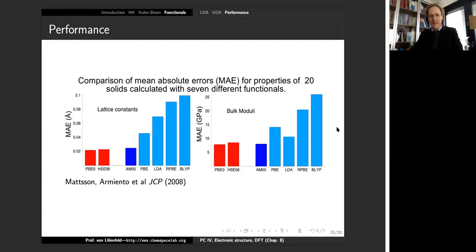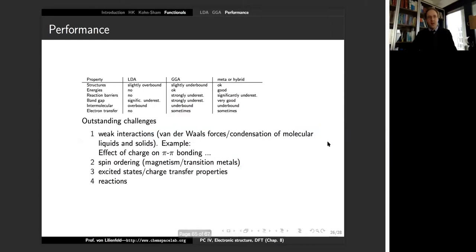Now, here on the right, you see similar trends for the bulk modulus, which is sort of the vibrational capability of the solid. So generally speaking, in terms of properties and first, second, and third or fourth rung of Perdew's ladder, you can think of structures, energies, barriers, band gaps, intermolecular interactions, and electron transfer.